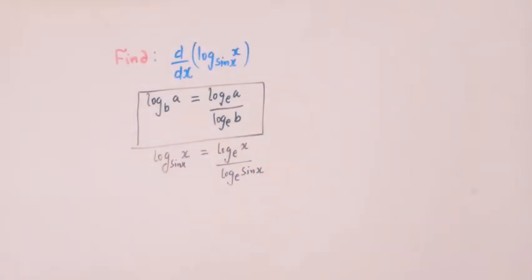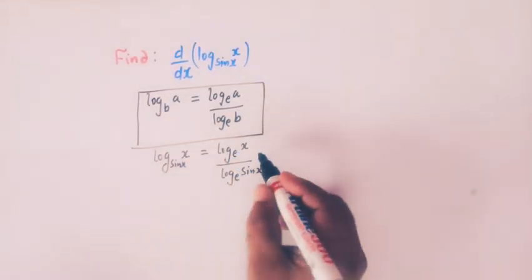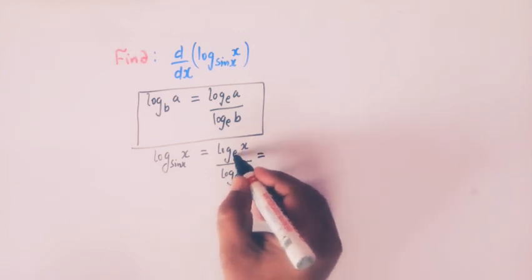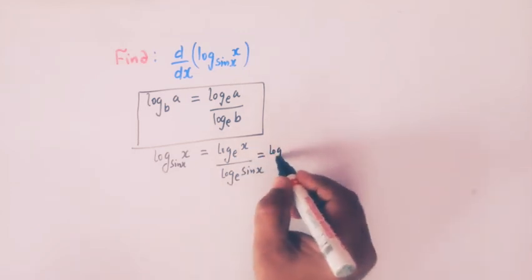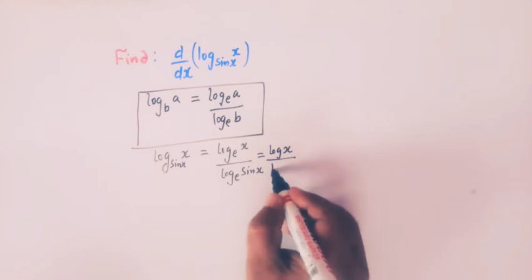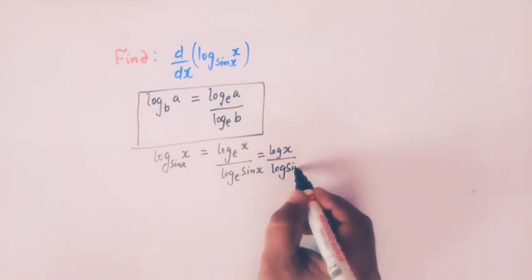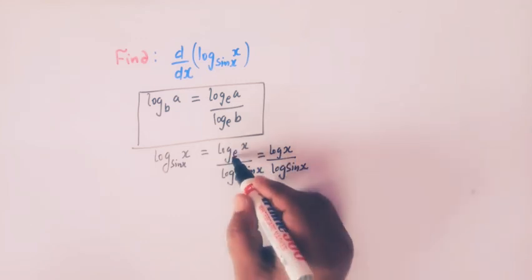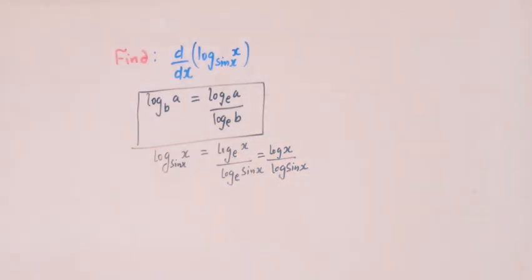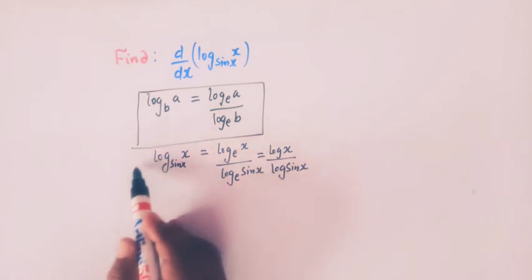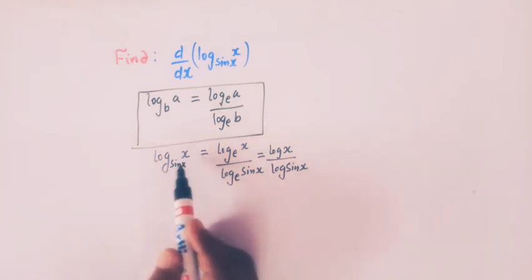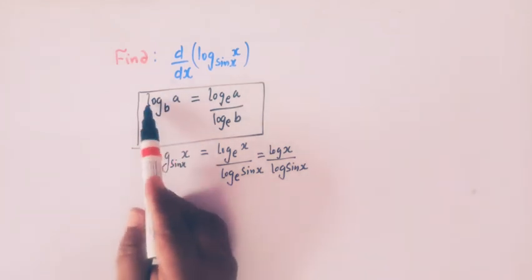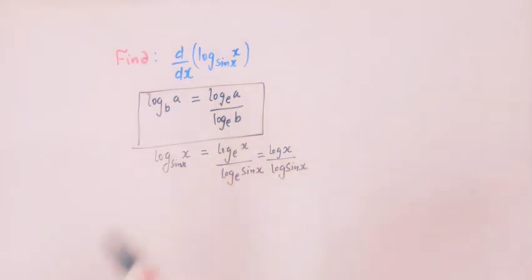If we omit the number e here, we can simply write it as log x over log sin x, where it is understood that the base is e. So this is how we change the base of log to the base e.